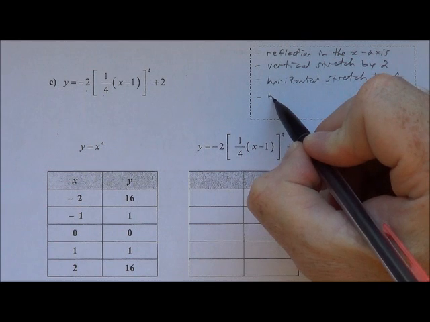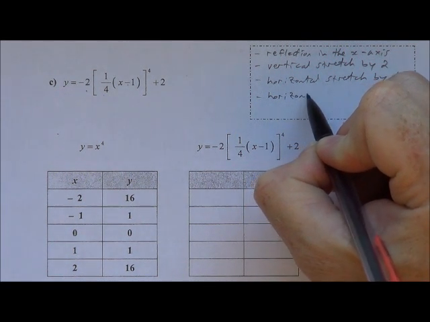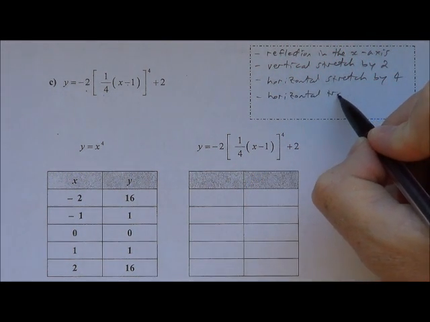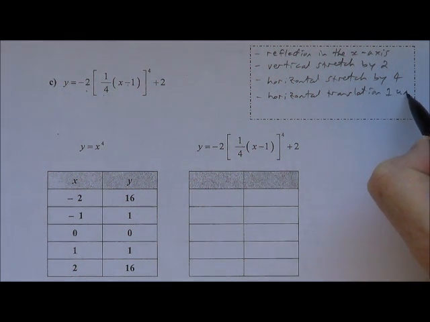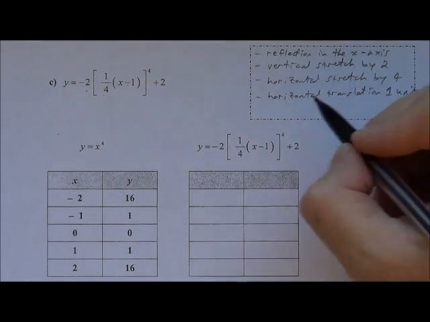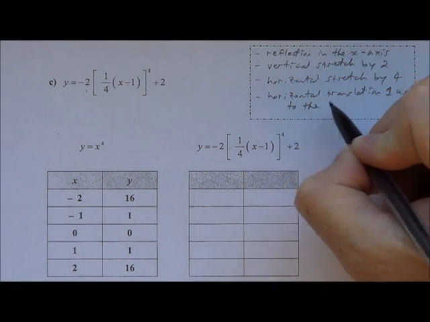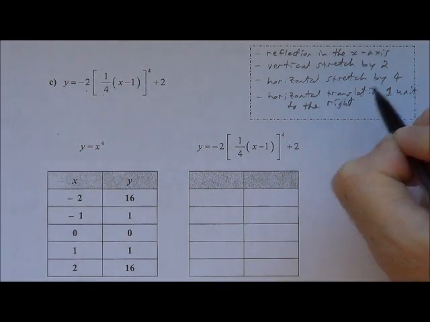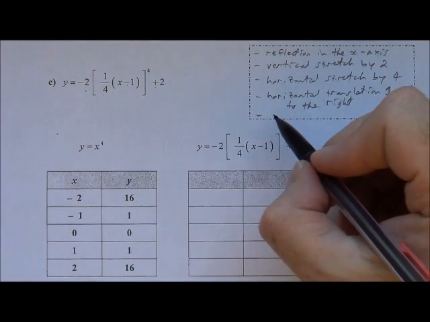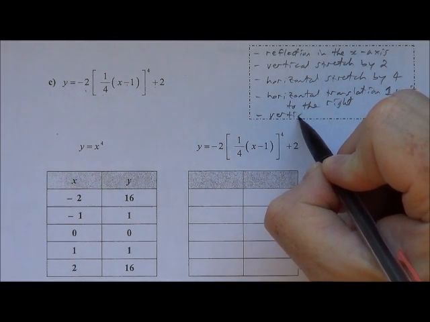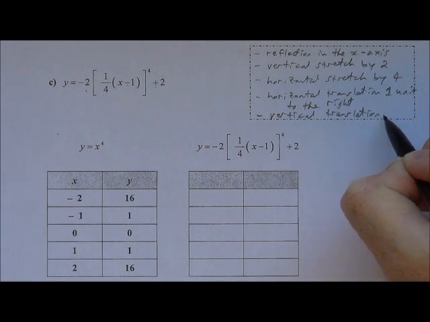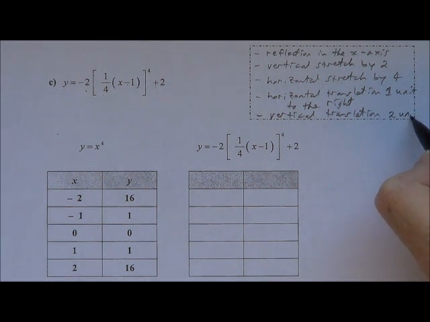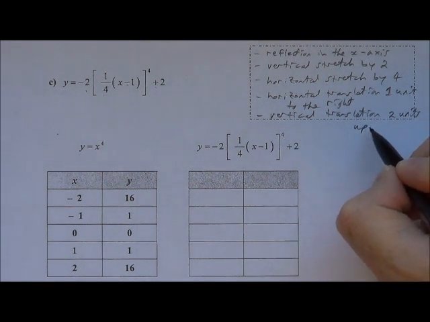And we've got a horizontal translation, 1 unit to the right, and then a vertical translation, two units up.